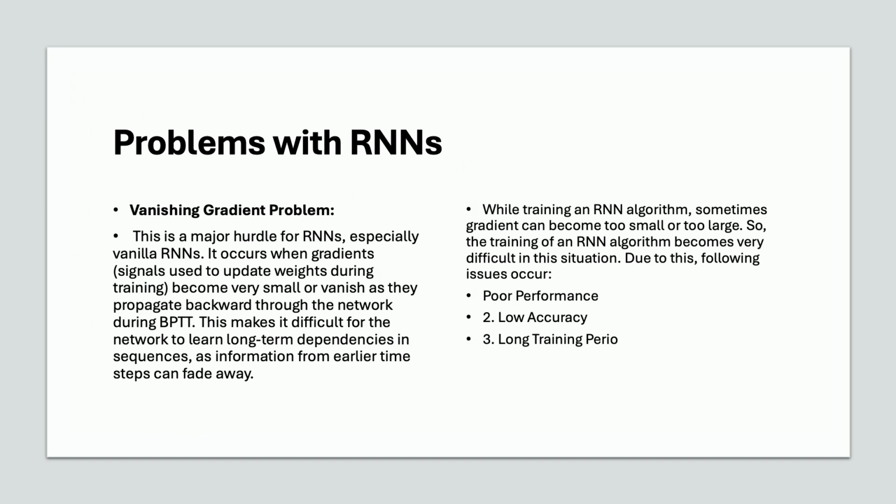But we also have problems with recurrent neural networks. It has a vanishing gradient problem. Imagine we have a long sequence of recurrent neural network and some other fully connected layers.